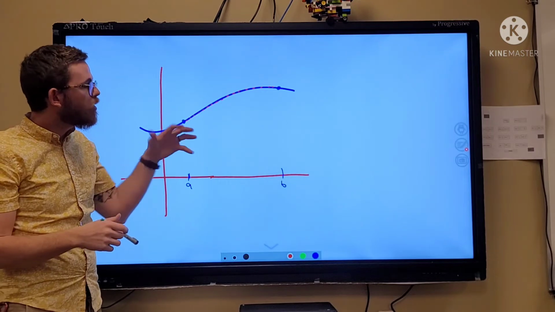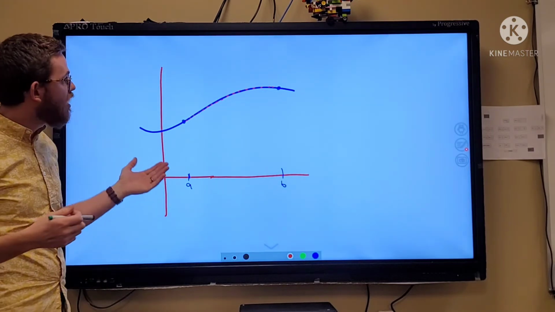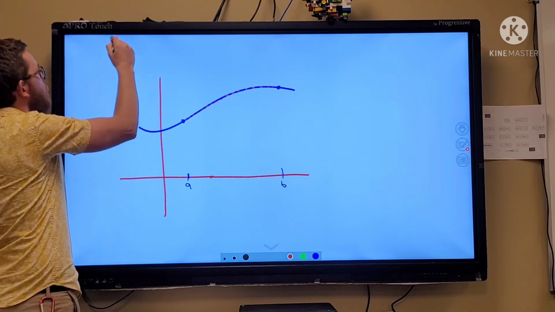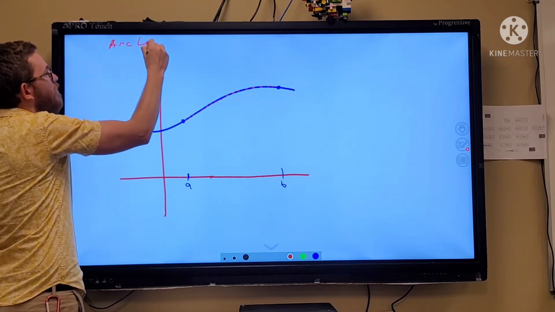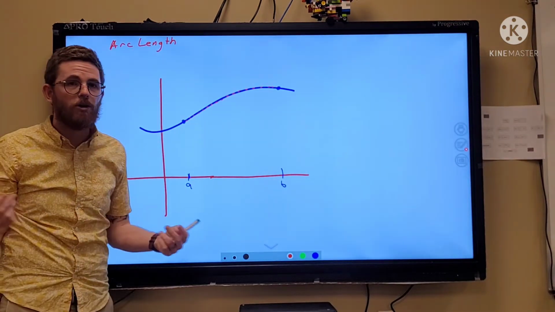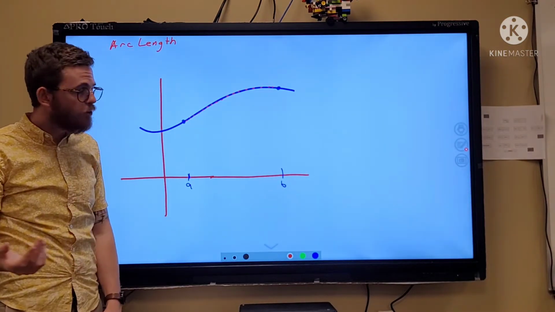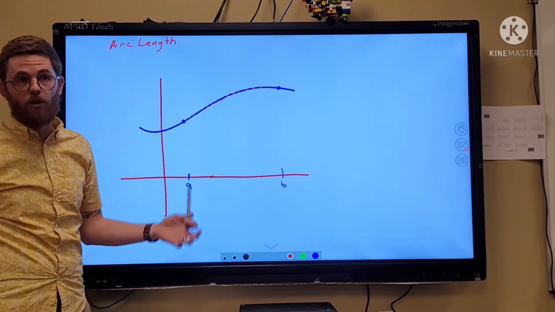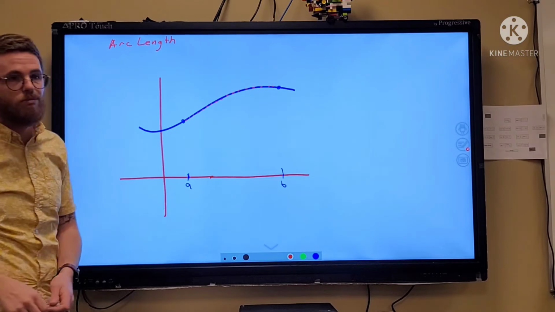And so what we're going to look for is the length of the curve from A to B, and we kind of just call this arc length. I kind of hate that as the name for it, because when we think about arc length, we think about circles, and I just think about it as the length of the curve.